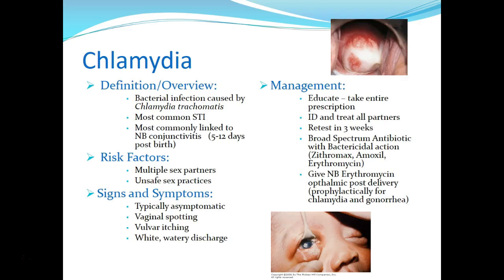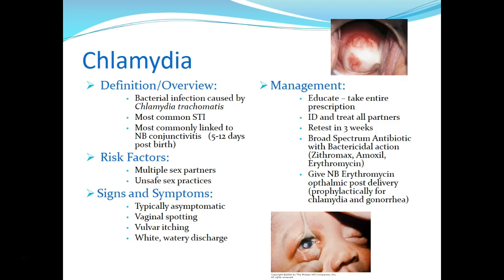Chlamydia. This is a big sexually transmitted infection that we see quite often. It's a bacterial infection. This is the most common one, and it's usually linked in newborns to conjunctivitis, which will show up somewhere between 5 to 12 days after that baby is born.